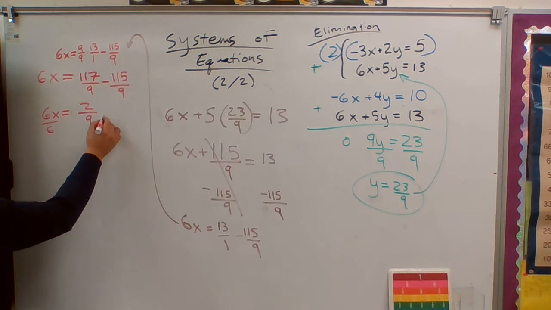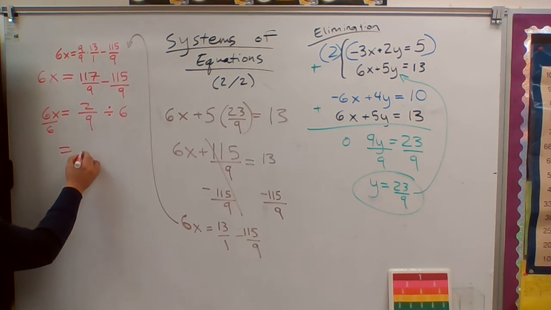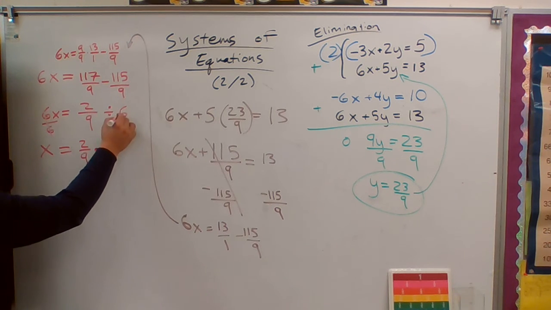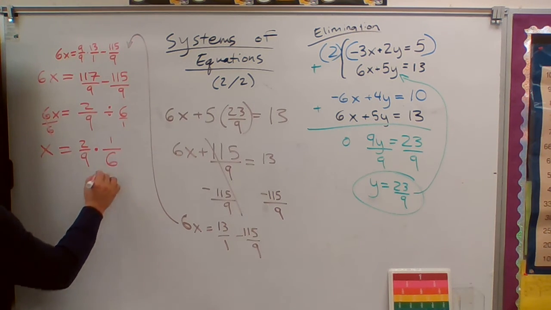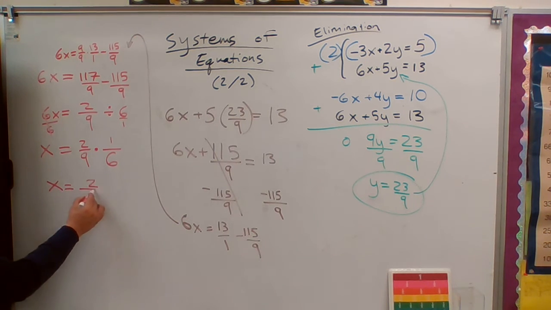Divide both sides by 6, which is the same thing as saying, those will cancel out, which is the same thing as saying multiply by the reciprocal, or this is 6 over 1, so 1 over 6. So x is going to equal 2 over 54.